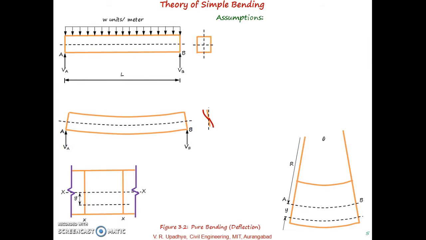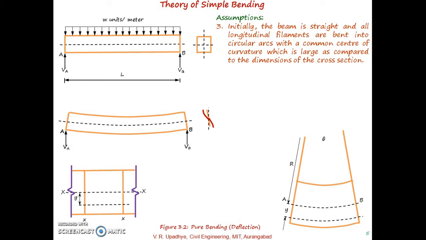The third assumption regarding the theory of simple bending is that initially the beam is straight and all longitudinal filaments are bent into circular arcs. What is shown over here is some part of the beam, with one section over here and another section at this position, and let us say xx is the distance between those two sections under consideration.